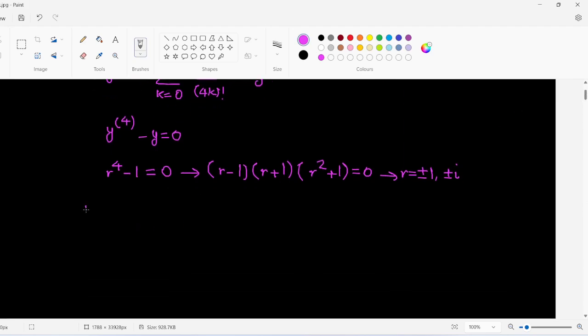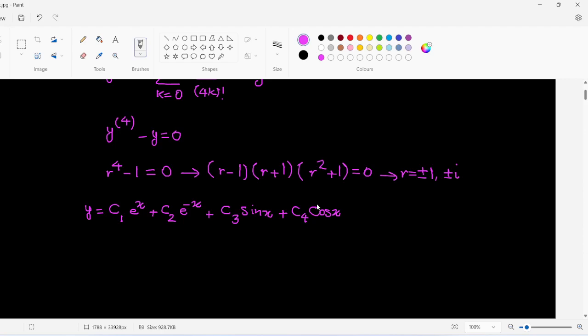So we can write the general solution to y as c1 e to the x plus c2 e to the negative x, and these two solutions correspond to the values of plus minus 1 for r, and then the solutions corresponding to plus and minus i are linear combination of sine and cosine of x. So we can write c3 times sine x plus c4 times cosine of x. So here we have four constants of integration, c1 through c4.